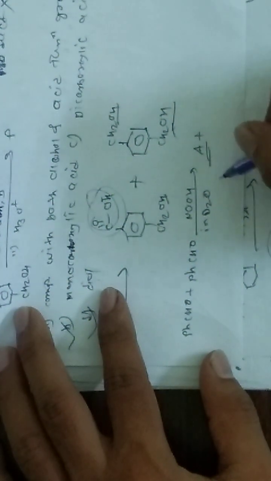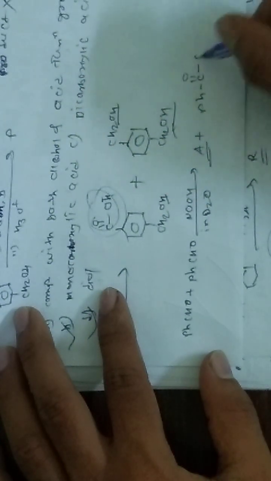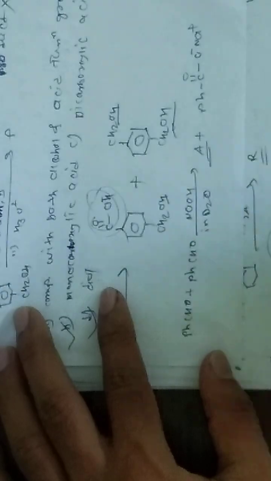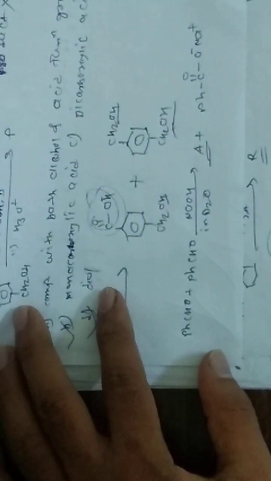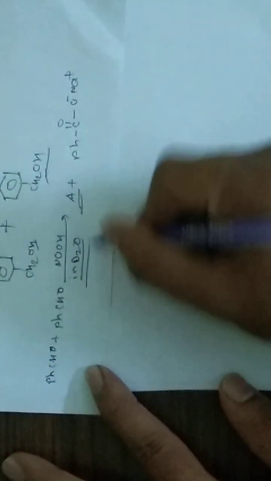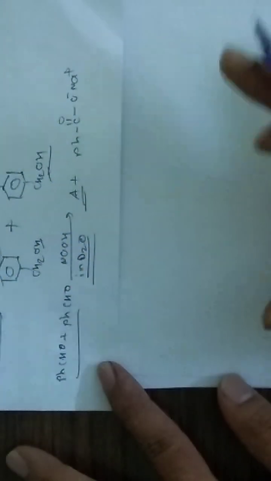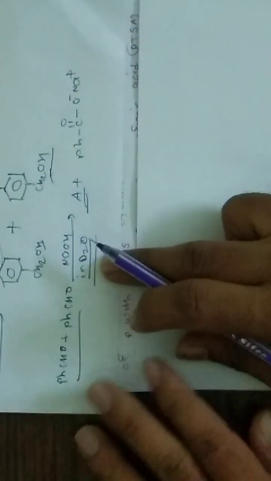Here we have to find A, and the other product is the carboxylate O minus Na plus. Let us first write the product directly. What is the product of the given reaction?